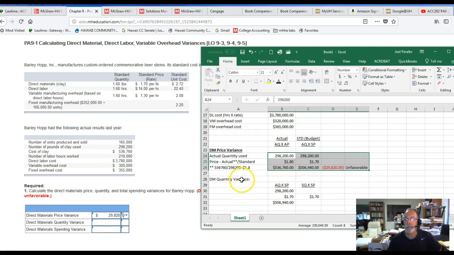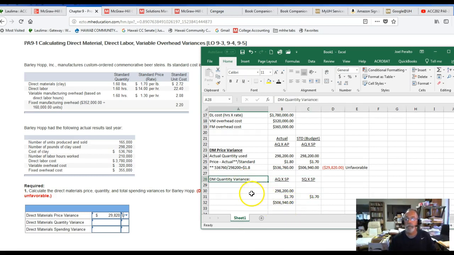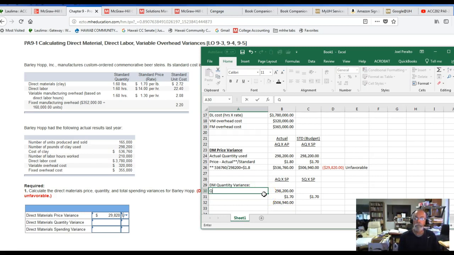So for our quantity variance, we're using actual quantity, pounds of clay used, actual versus standard.